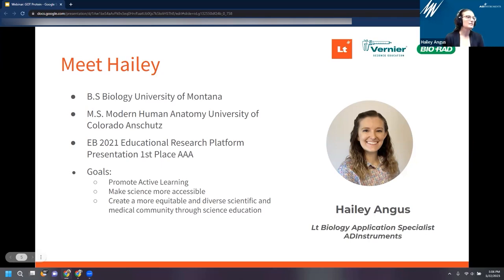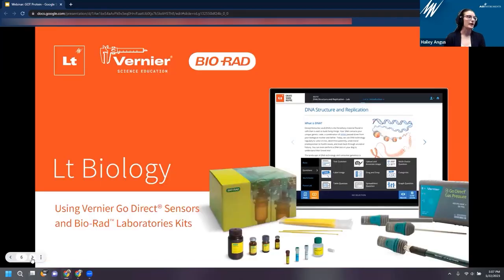It's cloud-based and is really nice for students because they have their data in the lab, but then they can also access that data when they're at home and they need to do a lot of their data analysis. So without further ado, I'll move on to talking about our biology collection specifically. We do have 35 labs in our collection that were created in partnership with Vernier and Bio-Rad.